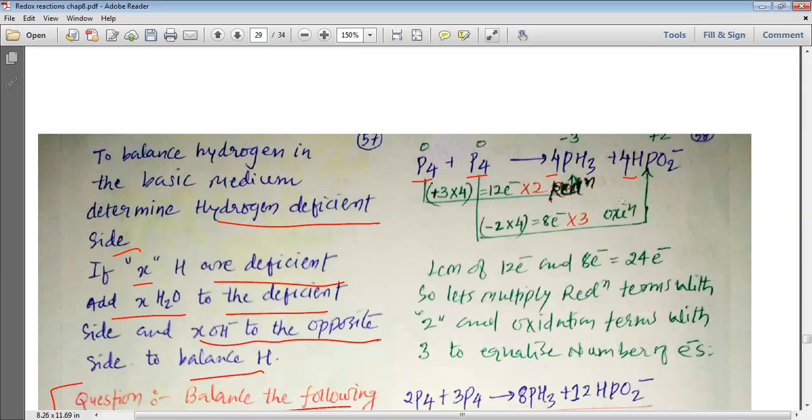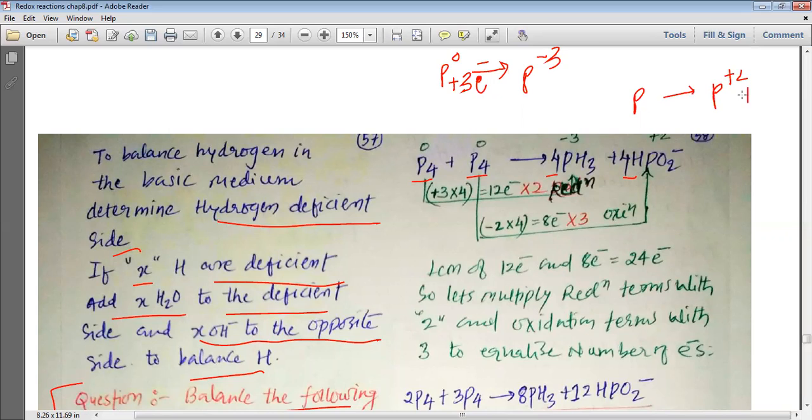Now, my dear students, we need to calculate the electron transfer. You can see here that P from 0 oxidation state goes to P minus 3. That means it has gained 3 electrons. Same way here, you can see that P goes to P plus 2.